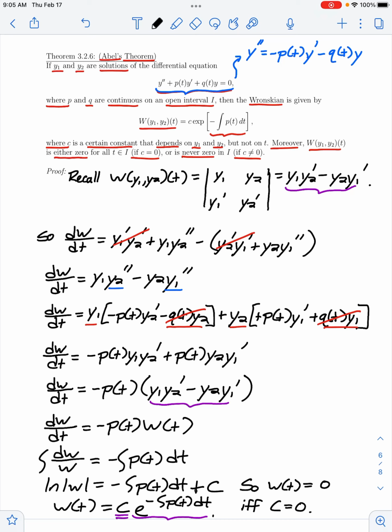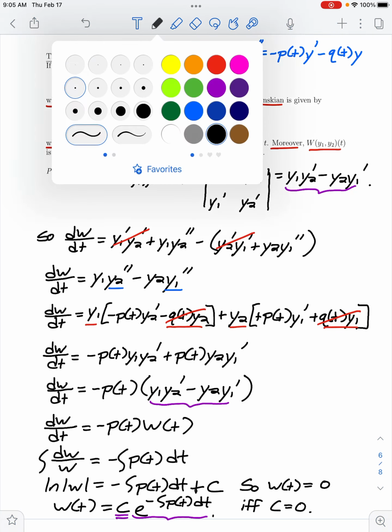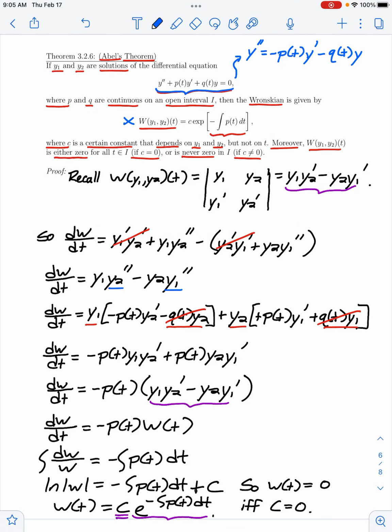And one thing I want to mention before we look at some examples of applying this is that this formula that we're using in Abel's theorem, which involves this function p of t, relies on the fact that p of t is the function that we're looking at when the equation is written in standard form. So as we've seen with a lot of these different equations, we need to first make sure that our equation is written in standard form so that we can make use of this formula that we've derived in Abel's theorem.